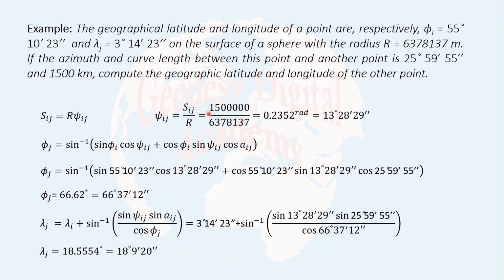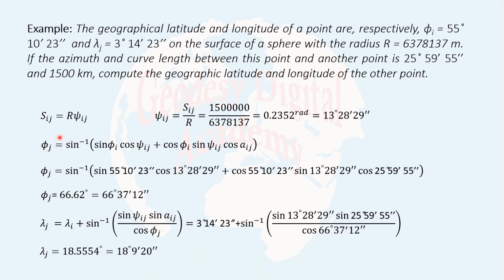And 1,500 kilometers is the curve length. As you see here, I have written this in meters because R is in meters, or you can write both of them in kilometers, but the units should be the same. So I will get this value in radians, and I can change it to degrees by multiplying it with 180 degrees divided by pi. So that's not a problem.